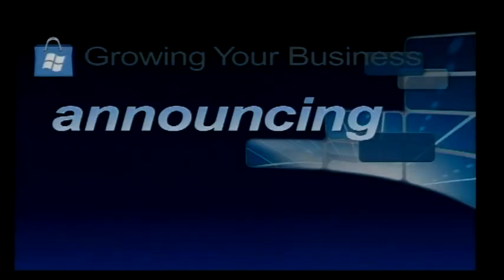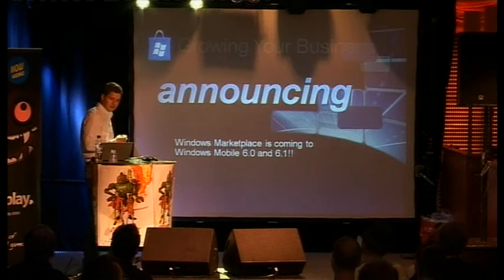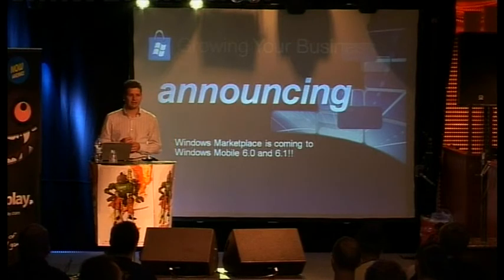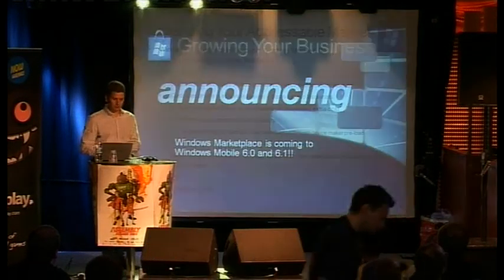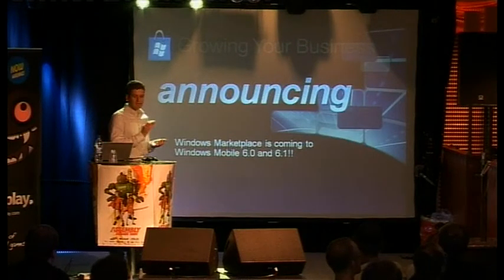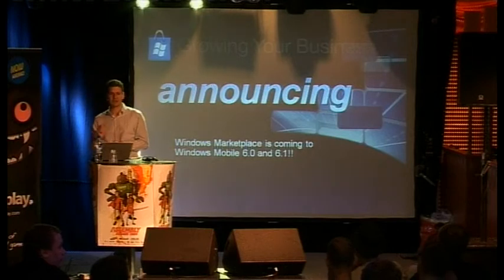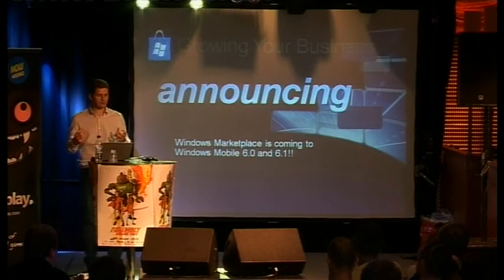So just talking a little bit more about the scope of the market. One of the things that is very clear, and we want to make sure that it's clearly communicated, and it was announced just about a week or so ago, was the fact that Marketplace is also going to be available as a download for Windows Mobile 6 and Windows Mobile 6.1 devices towards the end of this year.